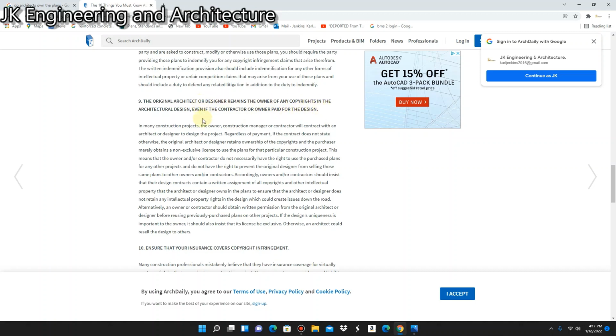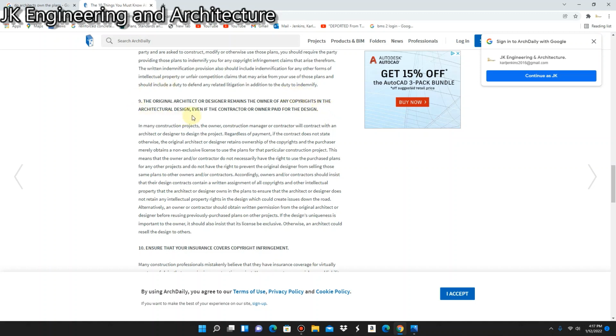Now this is very important. Let me read it one more time. It says the original architect or designer remains the owner of the copyrights in the architectural design, even if the contractor or the owner pay for the design.